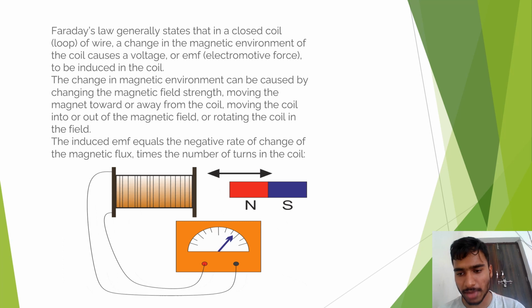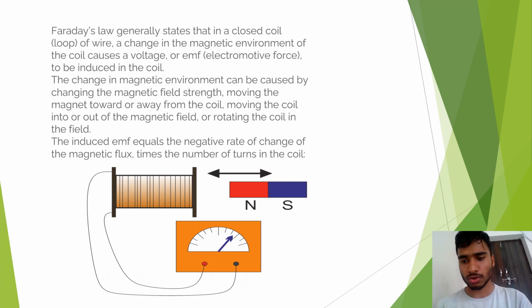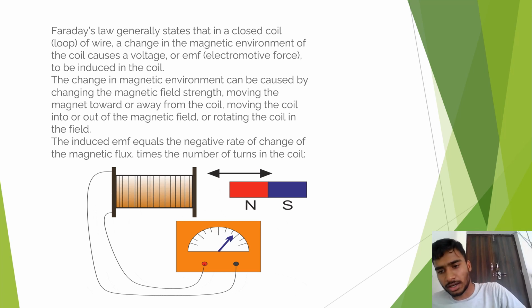Faraday's law of induction states that in a closed loop of wire like this object over here, if we place a magnet inside this coil and move it forward, towards and away from the coil, Faraday found a deflection in this ammeter.